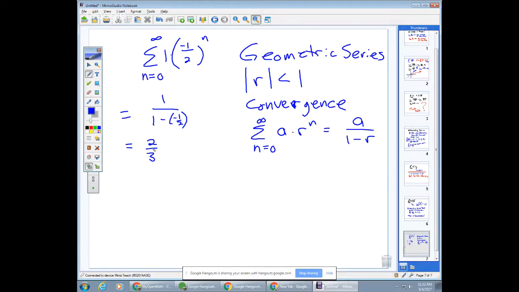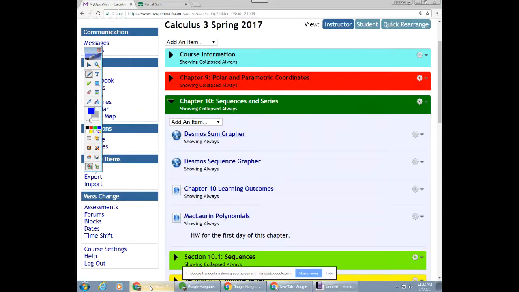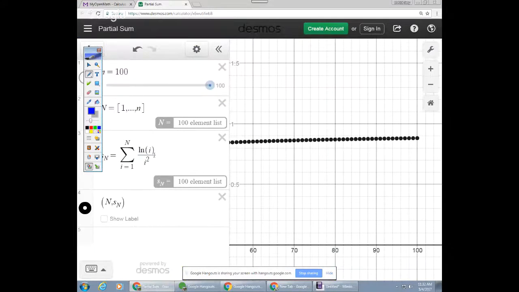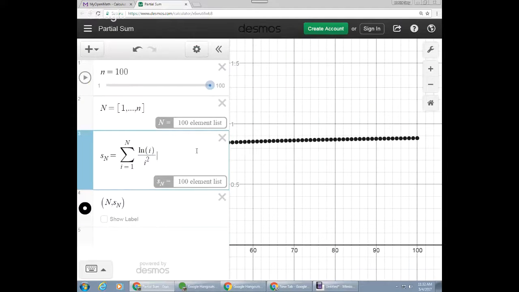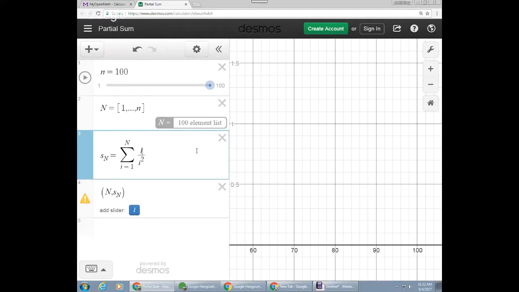So let's check it out with a computational tool to see if that really happens. All right, where's my computational tool? Right here. So what do I want? I want the whole thing.